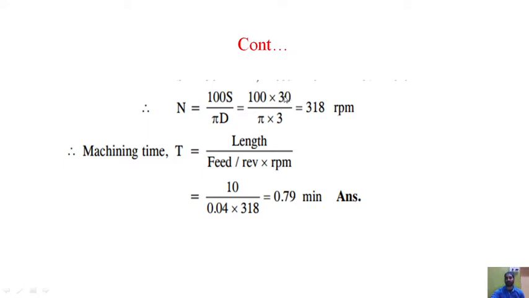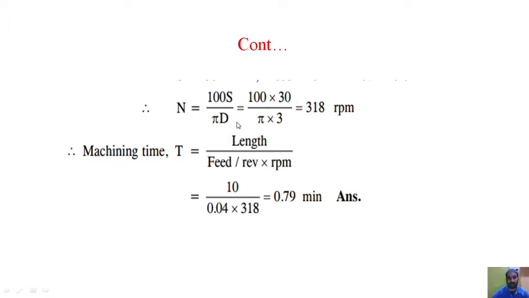If you multiply meter by 100, that will give you centimeter. That's why this 100 is constant, to convert the cutting speed into centimeter per minute, because all other dimensions are in centimeter. So 100 S by pi d.